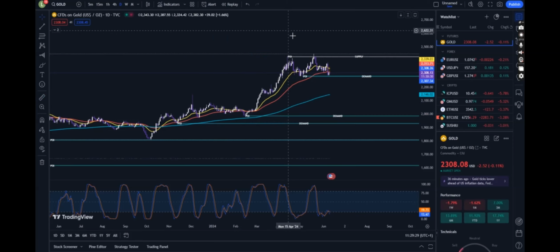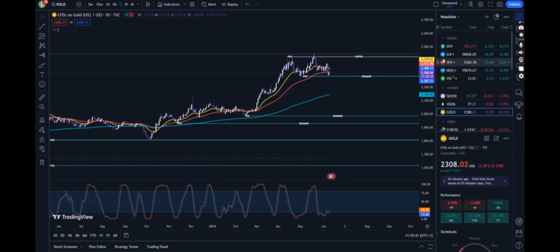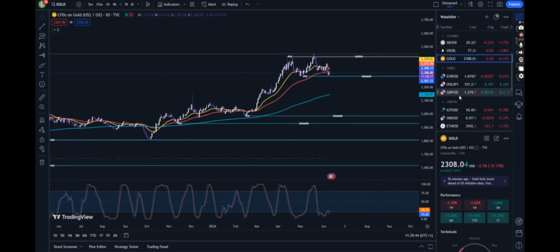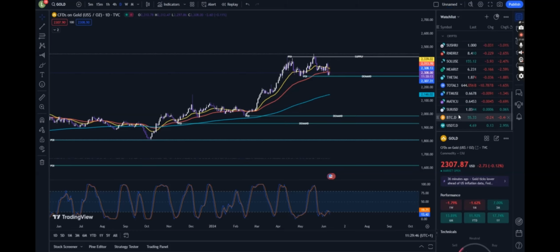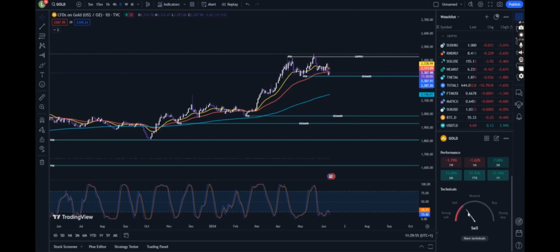What was the move there? 26%. I know it doesn't seem like a lot, but it's not as volatile. These commodities and forex, things like that, they're not as volatile as crypto. We're in a space with crypto where one minute you're in the green and the next day you're in the red. Look at gold here, technicals, strong sell. Well, sell. You need to be looking at these things. If you're not looking at these things, you're just going to get absolutely wrecked.